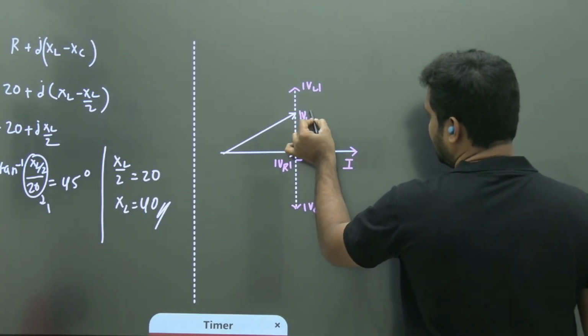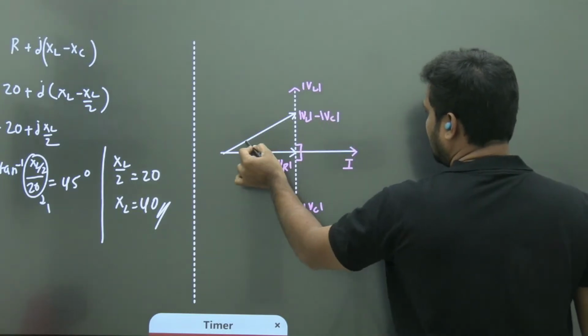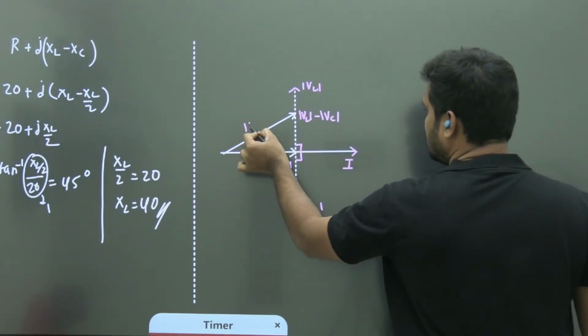This is VL minus VC. This is phi. Okay, this is V.